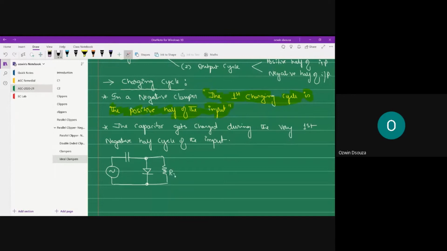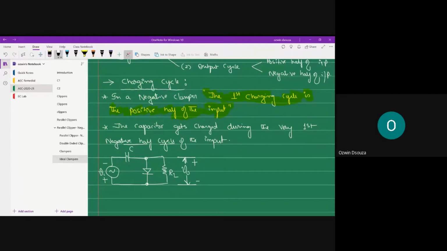This is your load resistor RL. Okay. So negative half cycle, hence let me write down the reversed polarity for the input. Okay, so this is your input.